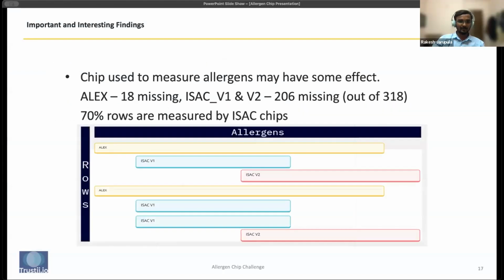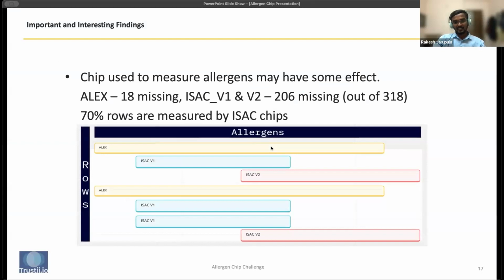Okay, let me explain using this slide. Imagine these are rows and these are allergen proteins that we generally measure. For this row, which is measured by the Alex chip type, most allergen proteins will be available for us to make this decision.